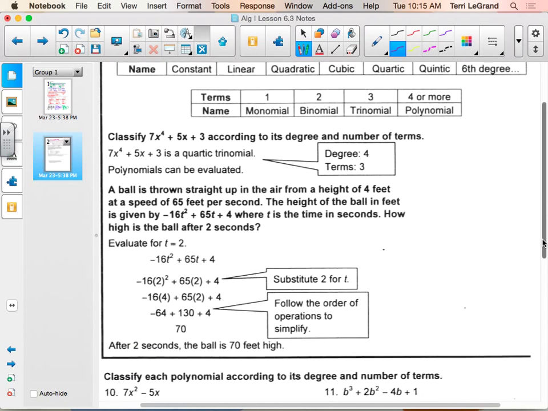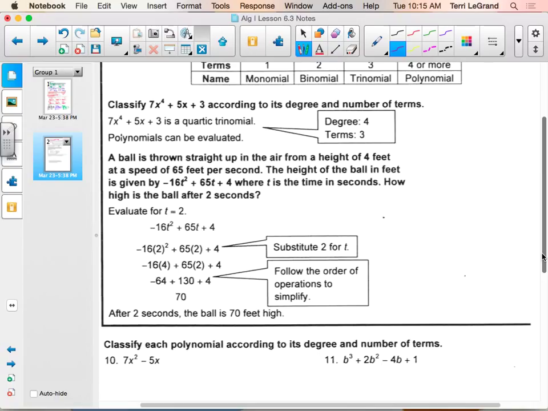Okay, so let's just take a really quick look at this one right here. Let's put a box around this one. We're classifying it according to its degree and number of terms. Well, first of all, you want to make sure it's in standard form so that you can identify its degree. Is that one in standard form, 7x to the 4th plus 5x plus 3? You think it's in standard form? Okay.